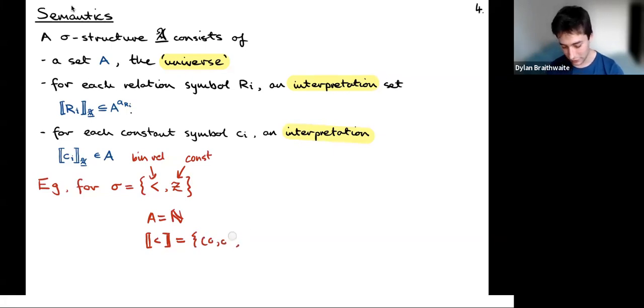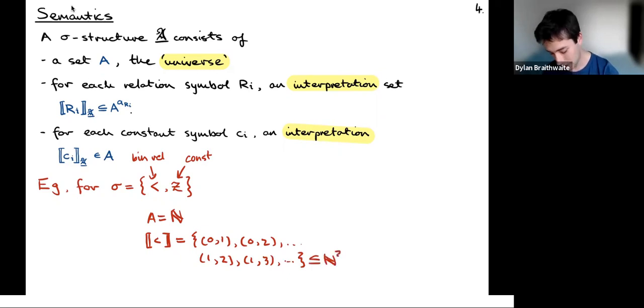But if we wanted to give a more natural interpretation, it might be something like (0, 1), (0, 2), and so on, (1, 2), (1, 3), etc. And that's again a subset of N squared. The final thing is a constant symbol, so we just have to interpret that as an element of the naturals. So you can interpret that as 0. And that's all the data you need to specify a structure of a signature like this.